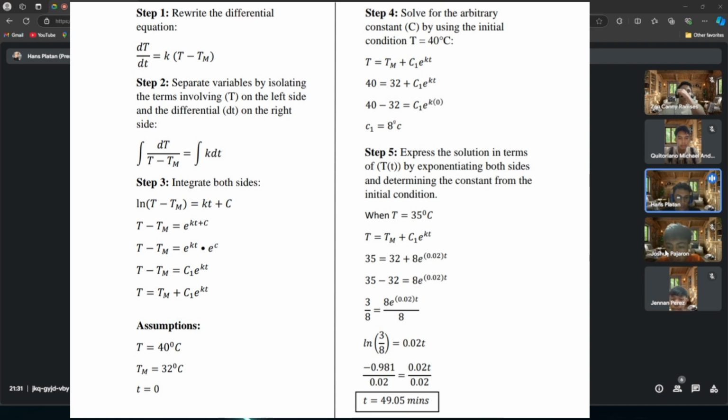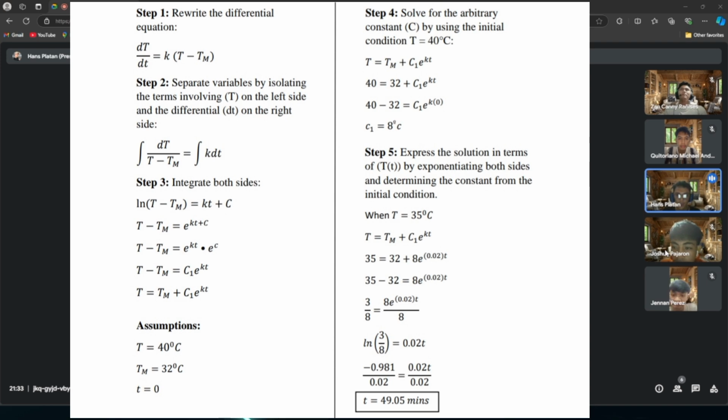So for our assumptions, T equals 40 degrees Celsius, Tm equals 32 degrees Celsius, and our time, which is t, equals 0. And in step 4, solve for the arbitrary constant C by using the initial condition T equals 40 degrees Celsius. So the equation we use will be T equals Tm plus C1 e raised to kt.